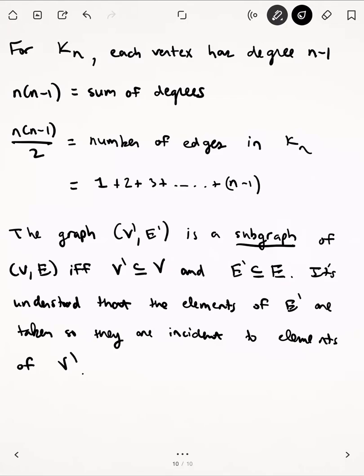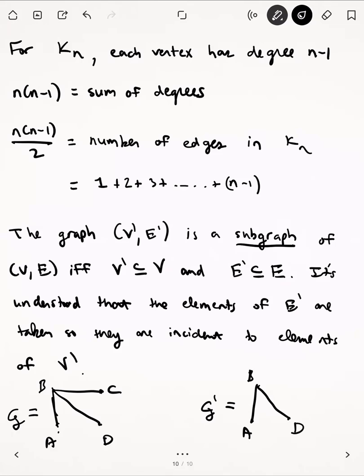So for example, again, back to our original graph, right? So here's the full graph. Let's say this is G. Then G prime, for example, could be the BAD graph.